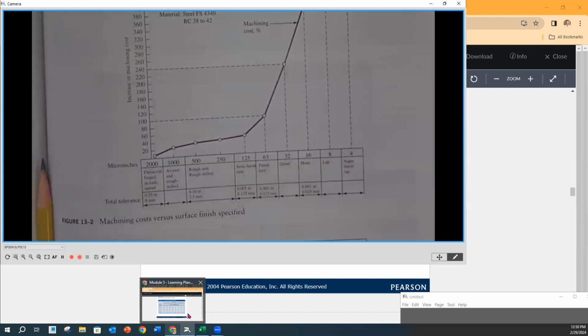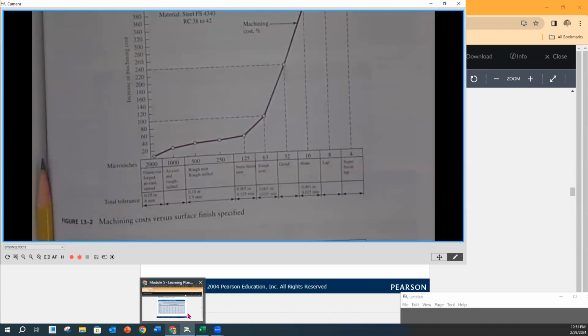Now, 125 is an important number. 125 is what most all machined parts will hold, in very run-of-the-mill machine shop types of equipment: milling machines, lathes, drill presses, and even saws. There are saws that will hold a 125.